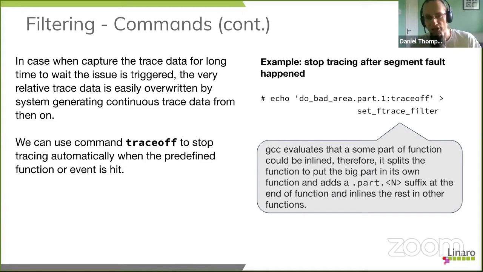Similarly, if you've got partial inlining, what you've got is a situation where there's been some kind of fast path that the kernel has inlined into various call sites, and then you've got the long tails. And when you've got that kind of partial inlining, you get this part.1, which is the back part of do_bad_area. When it's decided something really bad has happened, we aren't taking an early exit path. So that's just to explain what the part is matching there.